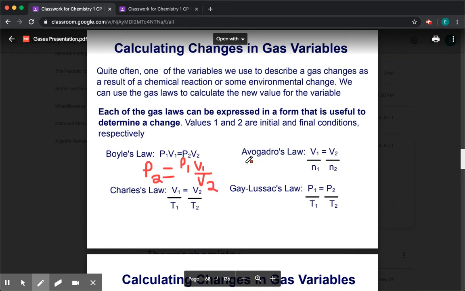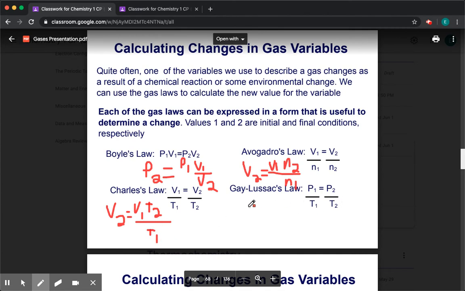This one, you're going to get V2 is equal to V1 N2 over N1. This one, you're going to get V2 is equal to V1 T2 over T1.